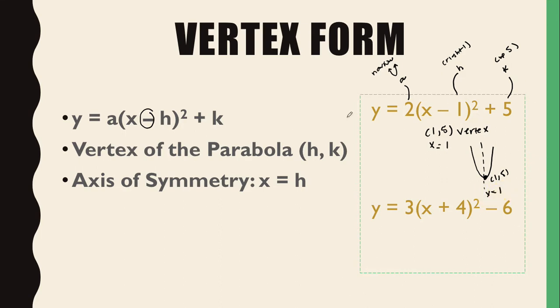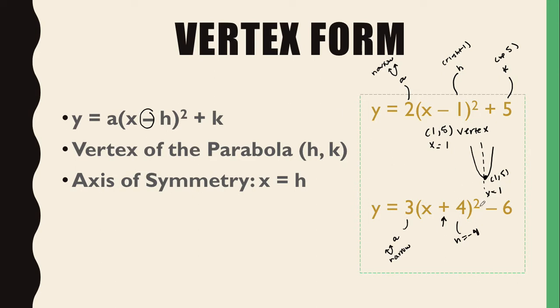So we broke all that down by looking at the formula. Now pause the video and look at this equation and break it down. So hopefully you paused the video. The a value is 3. What does that mean about your graph? That it's positive 3, so it's facing up and it's narrow. x plus 4, since this changed into a plus sign, I know my h value is negative 4.